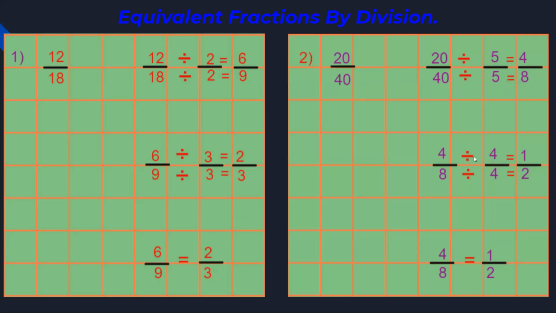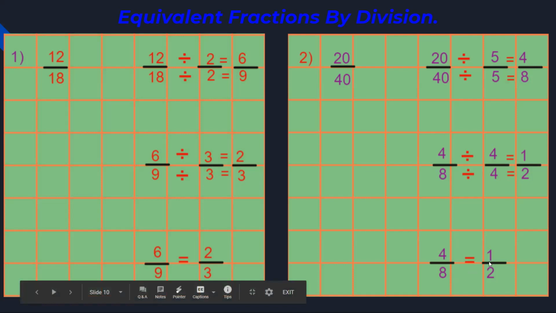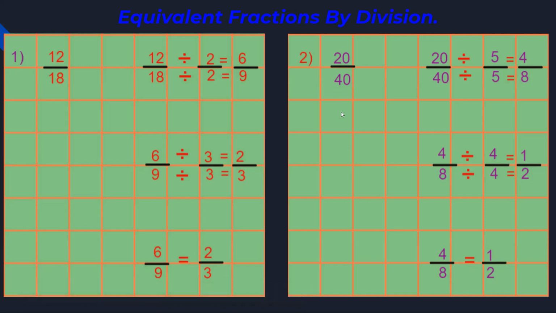So 4 divided by 4 upon 8 divided by 4 equals 1 by 2. 4 upon 8 and 1 by 2 are equivalent fractions of 20 upon 40 by the method of division. This is the way of writing the equivalent fractions by multiplication and by division.